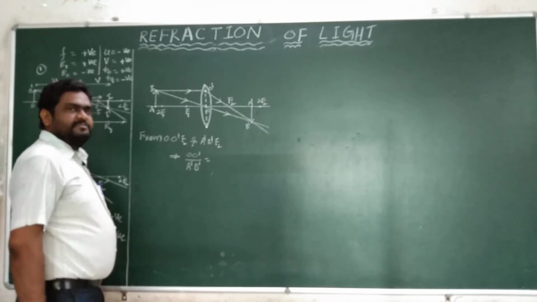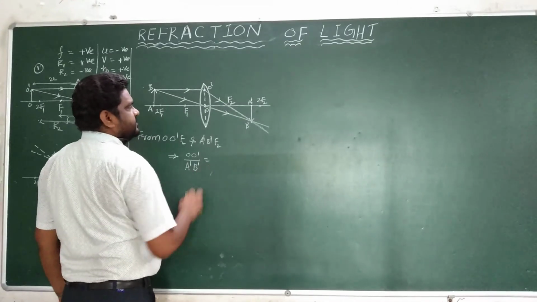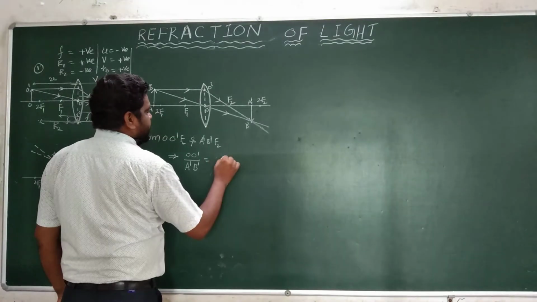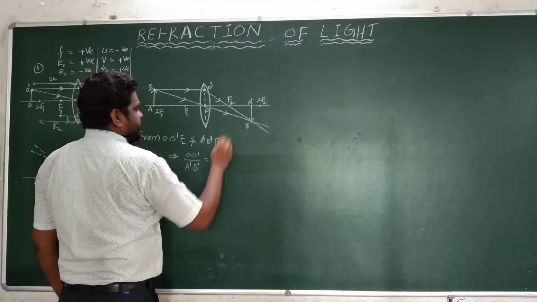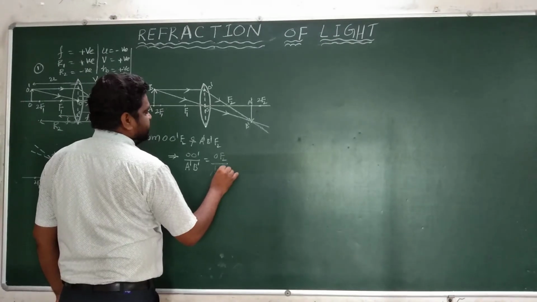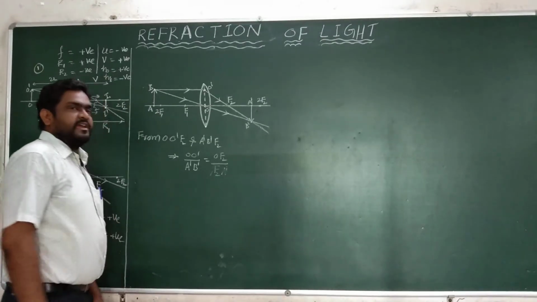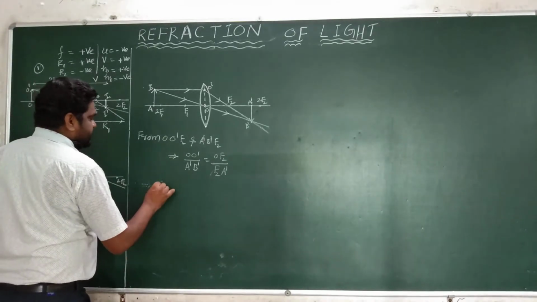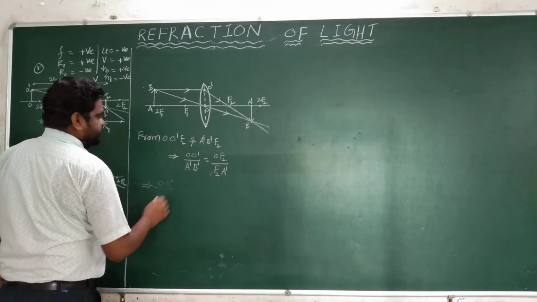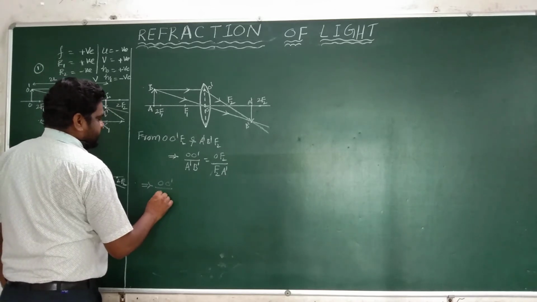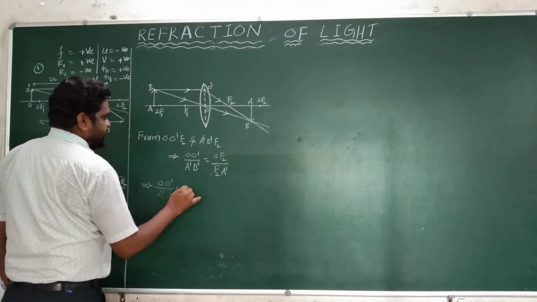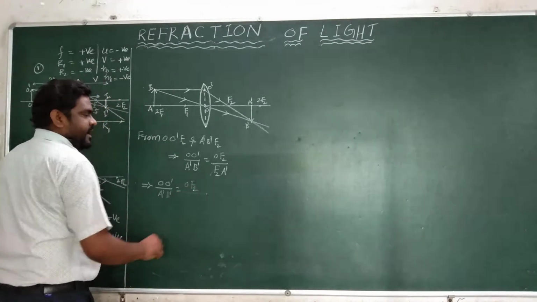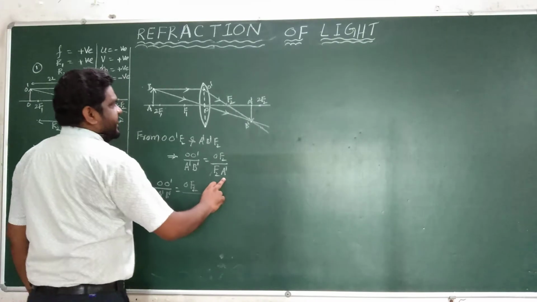O dash by A dash B dash equals OF2 divided by F2 A dash. That implies O dash divided by A dash B dash equals OF2 by F2 A dash.